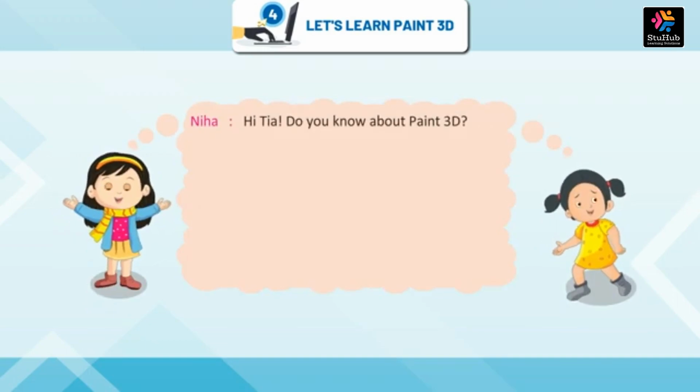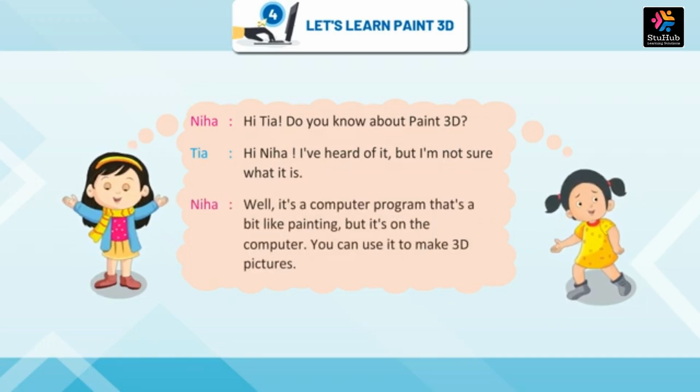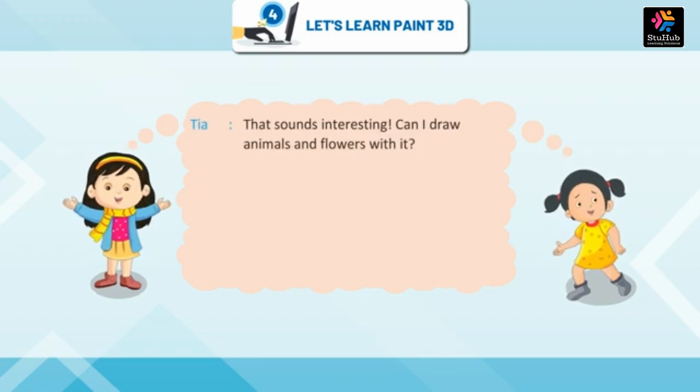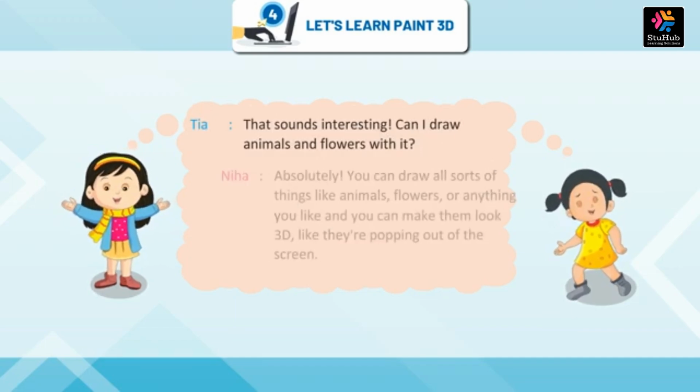Neha: Hi Tia, do you know about Paint 3D? Tia: Hi Neha, I have heard of it, but I'm not sure what it is. Neha: Well, it's a computer program that's a bit like painting, but it's on the computer. You can use it to make 3D pictures. Tia: That sounds interesting. Can I draw animals and flowers with it?